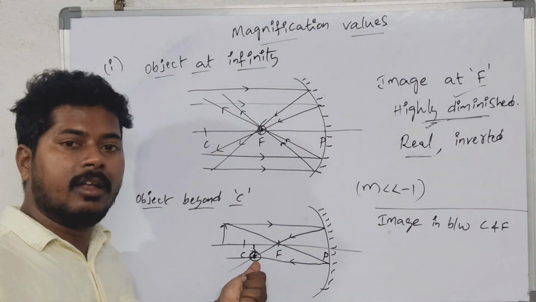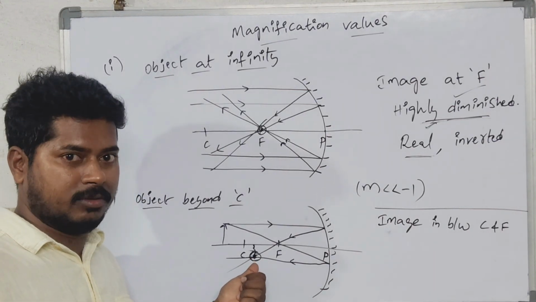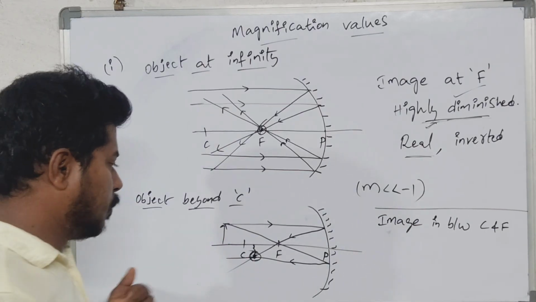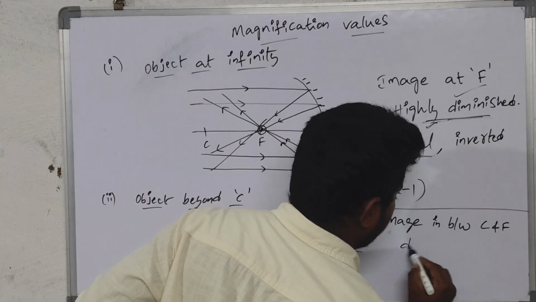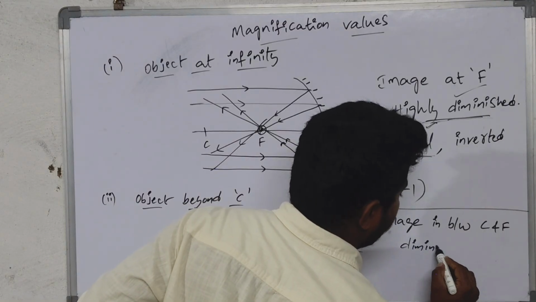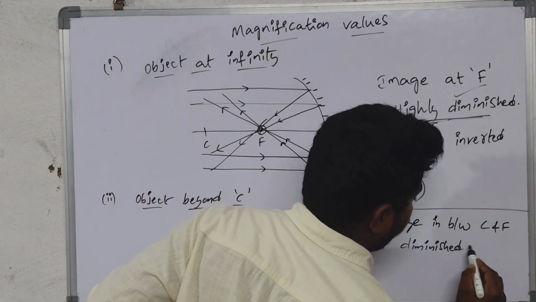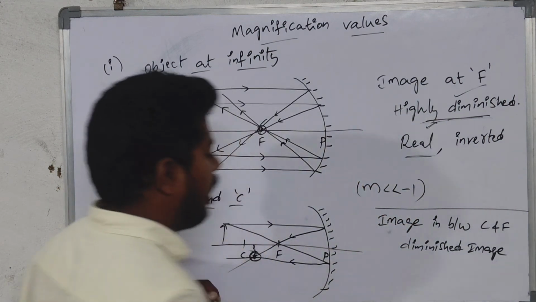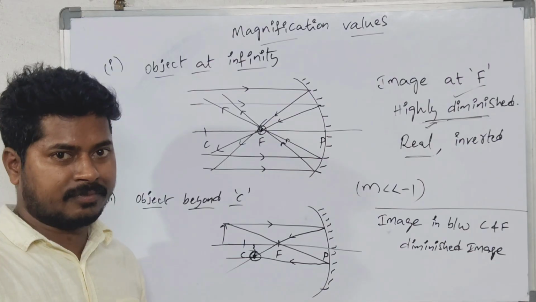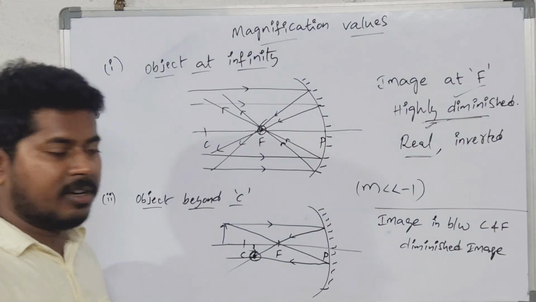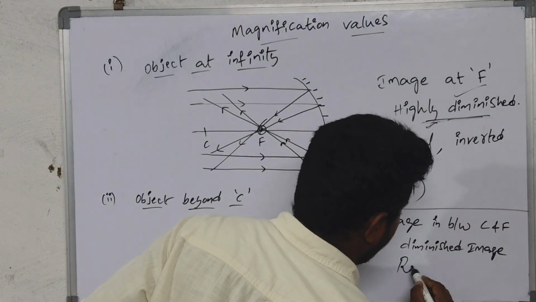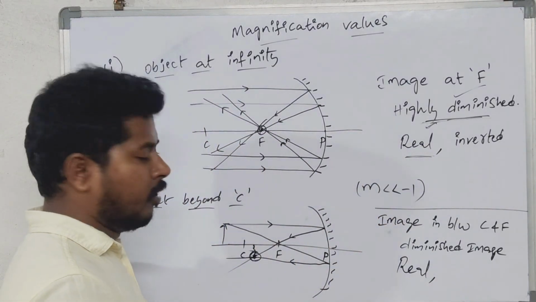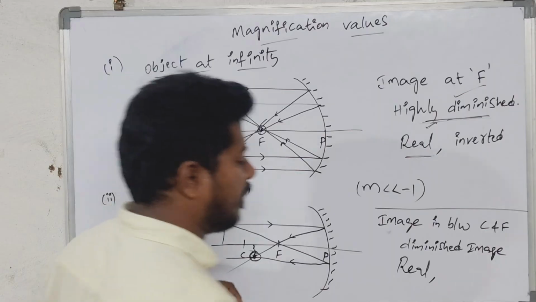Definitely, it is slightly diminished compared to the object size. So it is a diminished image, and it is real. We know already, all real images are inverted.